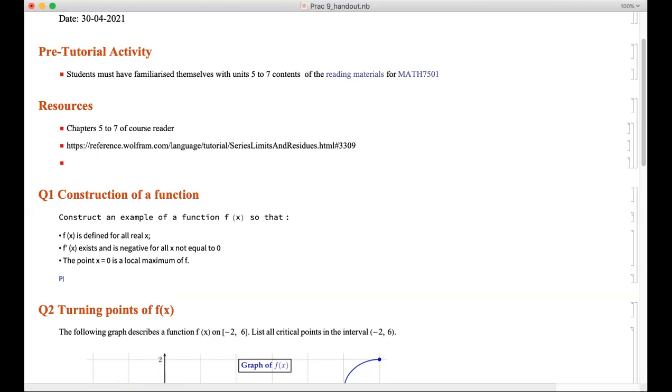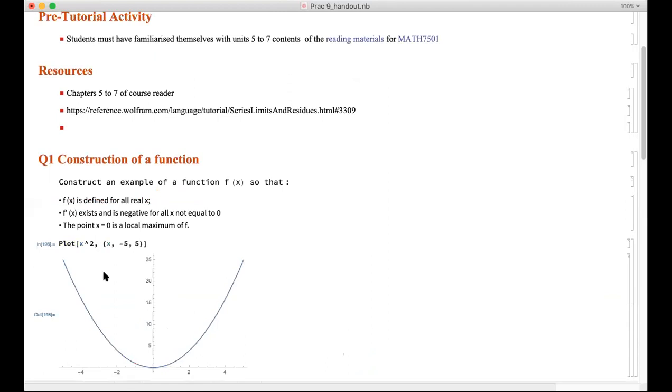Okay, and then let's say plot x squared. This is how you would plot. This is an example, not the solution to this question. Let's say -5 to 5. That's how you would plot a function. Now can you change this to the criteria?